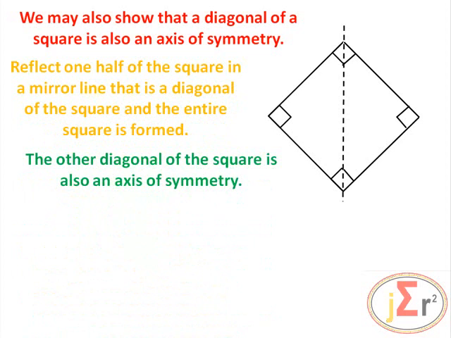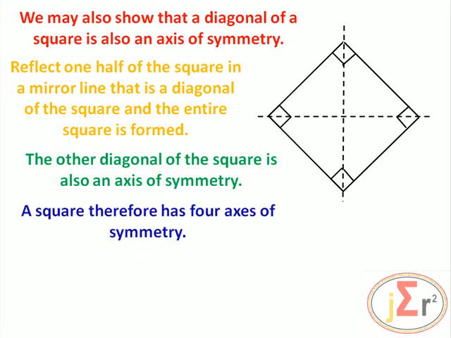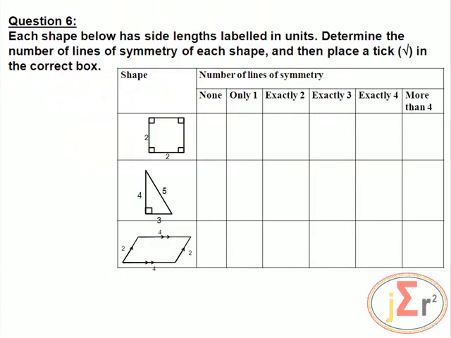The other diagonal of the square is a line of symmetry also. So there we have another 2 lines or axes of symmetry, and those axes are the diagonals of the square. A square therefore has 4 lines or axes of symmetry.